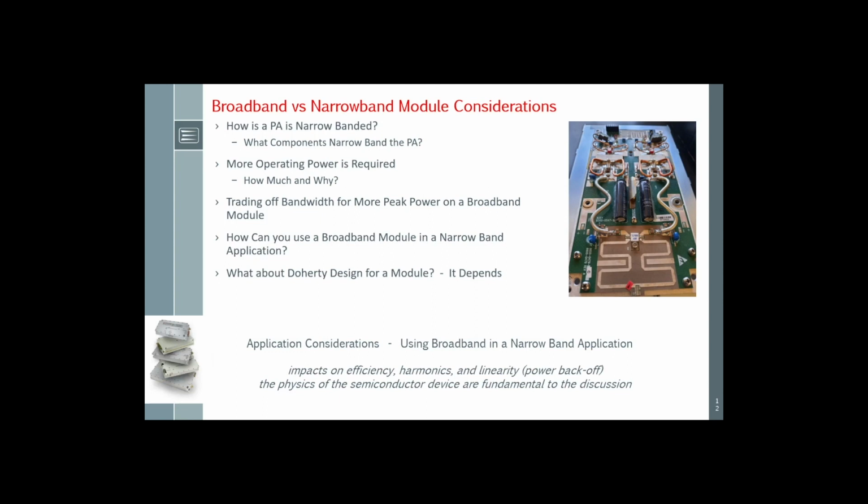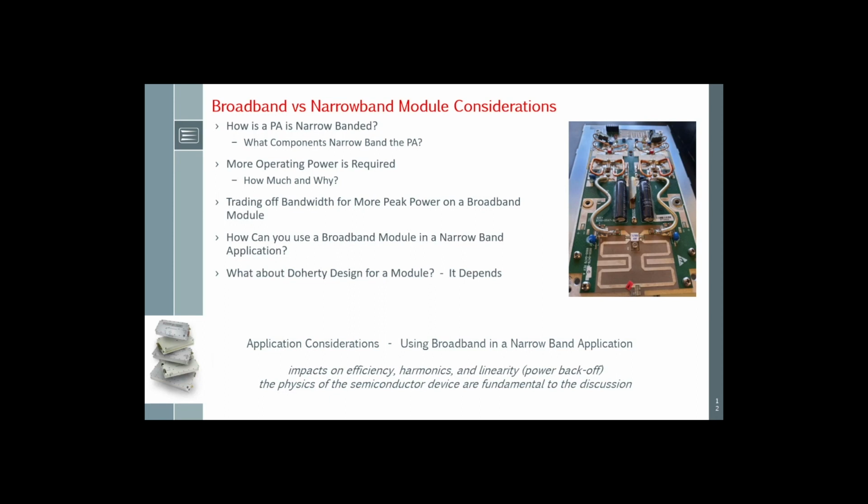Okay. There is one important thing. When you select the device, another question is whether the device that you use in the amplifier is pre-matched or not matched at all. If it's pre-matched or fully matched, it will be more narrowband by nature because the device will have the matching network inside the package.